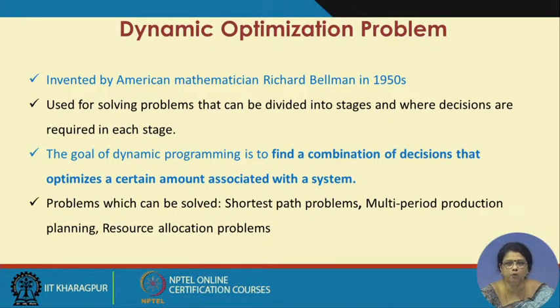We have the options: material 1, material 2, material 3, material 4, and we want to put them in the knapsack to get the maximum benefit.